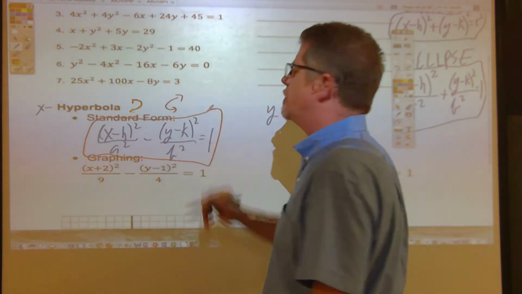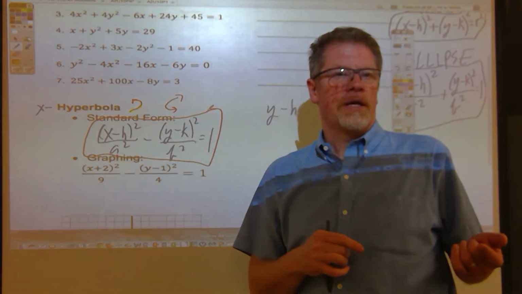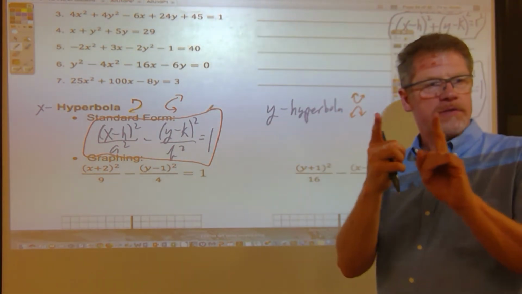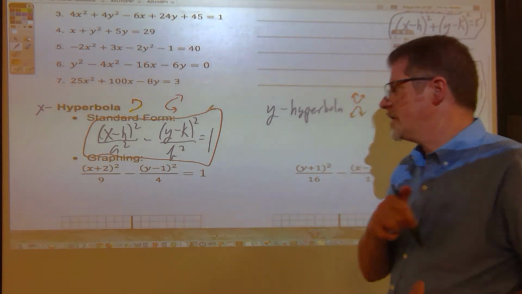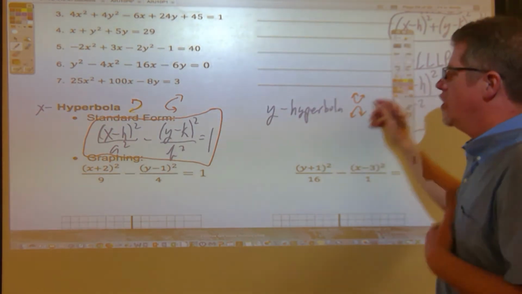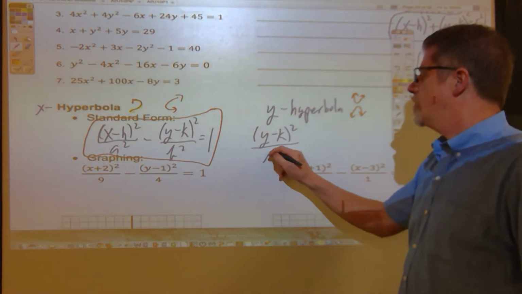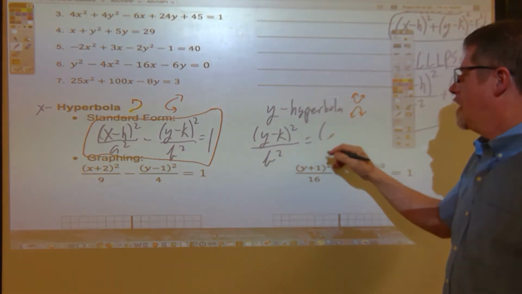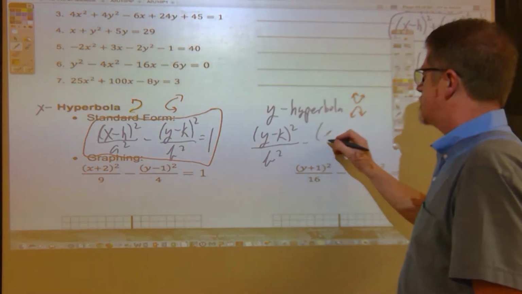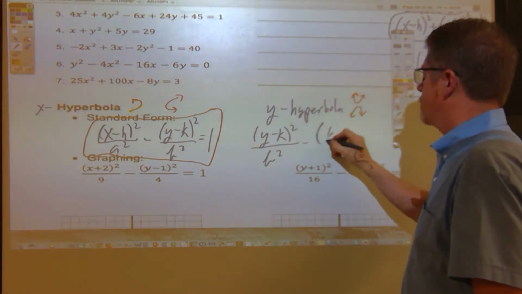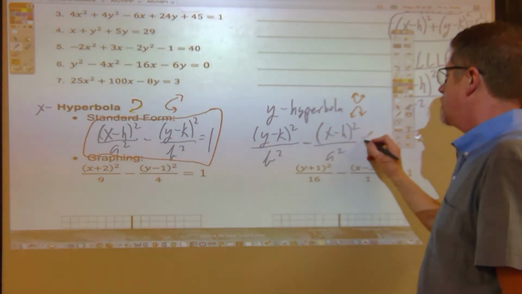The only difference between an x hyperbola and a y hyperbola is that the y squared is positive and the x squared is negative. So for a y hyperbola, we have y minus k squared over b squared, minus, it should be a minus, x minus h squared over a squared equals 1.